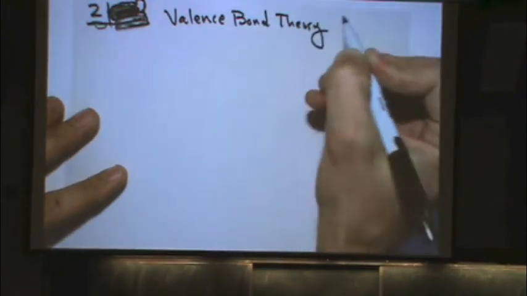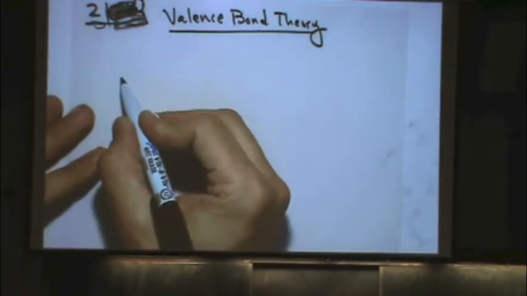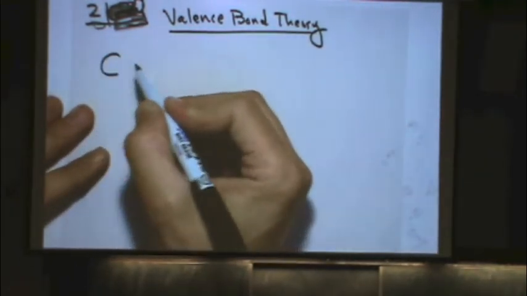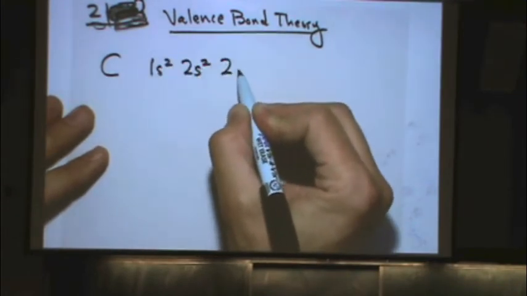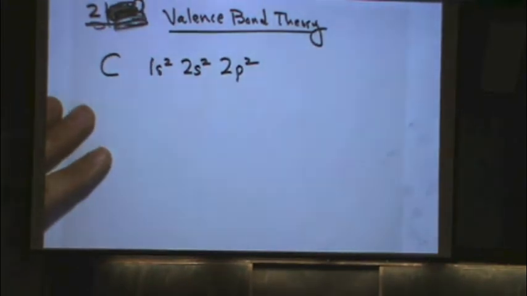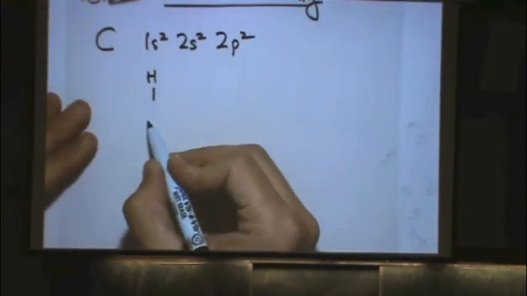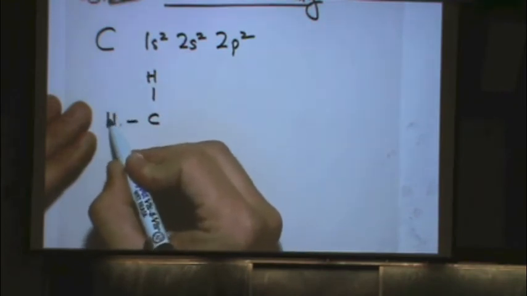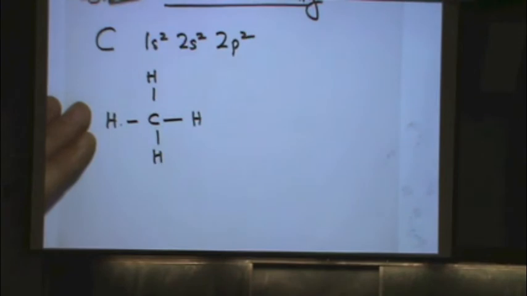Valence bond theory is something we're not really going to use, but it introduces the next topic. If I take carbon, for example, its electron configuration is this. It's made up of s and p orbitals. So this is methane, for example.